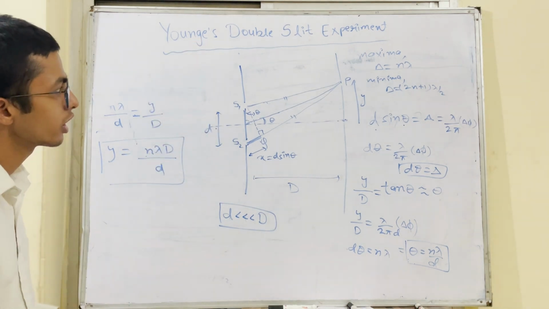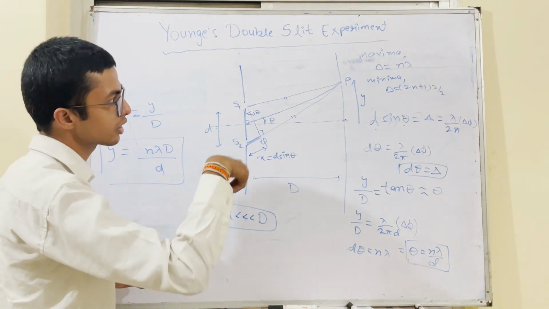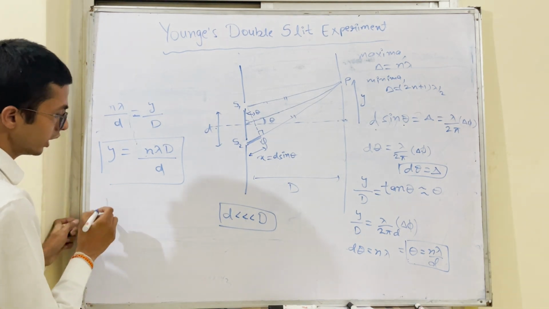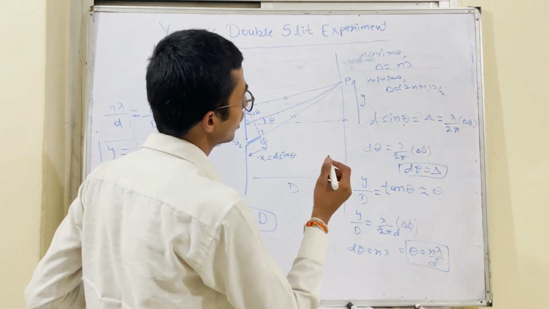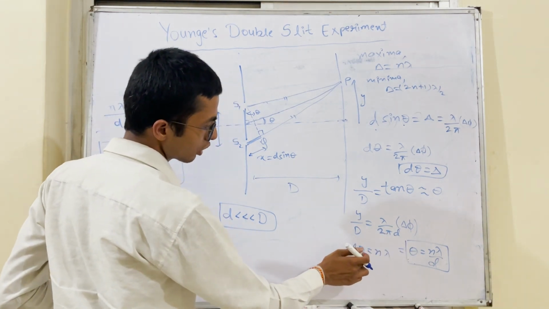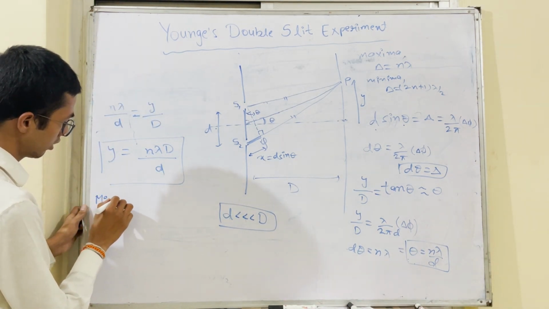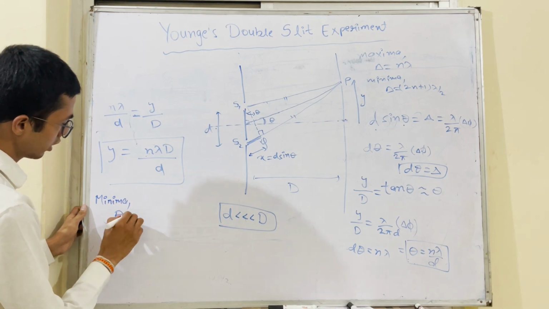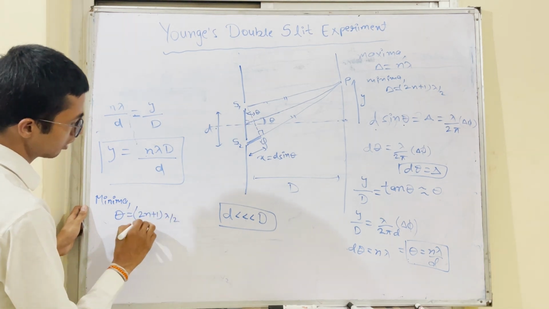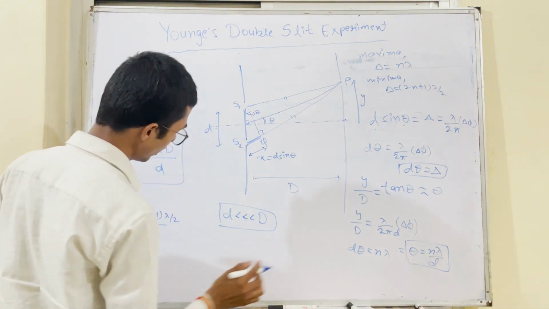Like that we can find the distance of bright fringes, and also if I want to find the distance of dark fringes, the delta value should be 2n plus 1 lambda by 2. So for minimum, theta will come as 2n plus 1 lambda by 2 divided by d, which is equal to y by d.